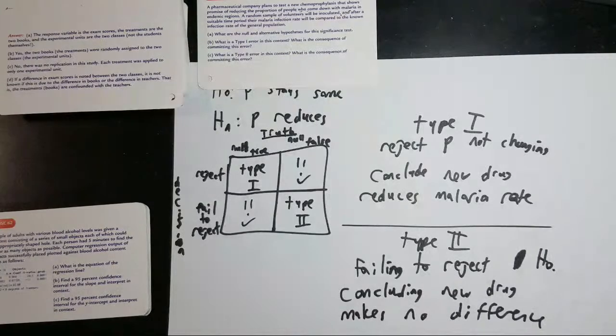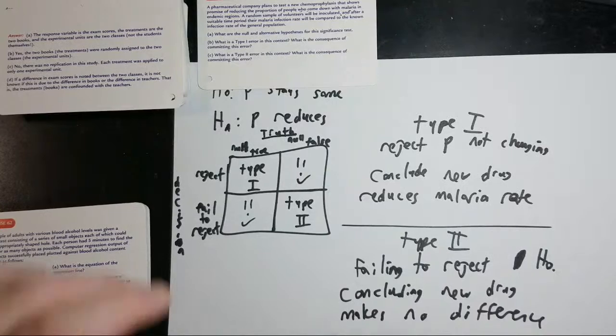When in reality, the new drug does reduce the malaria rate. So a direct consequence would basically be, not only are you missing out on an opportunity to reduce the malaria rate, but you're also possibly costing people their lives because you didn't make that decision with the new malaria drug.